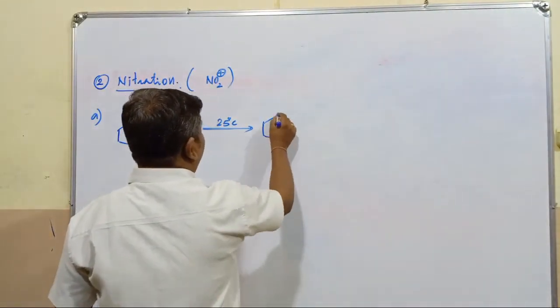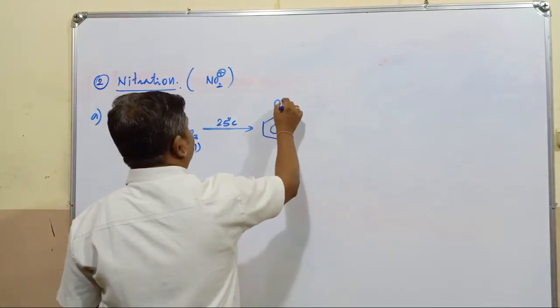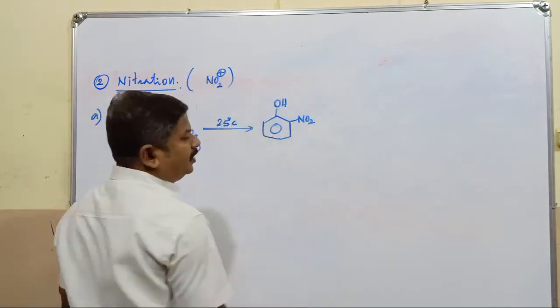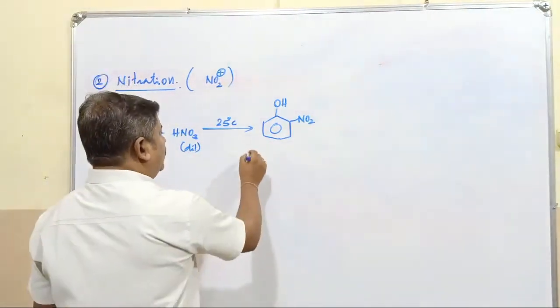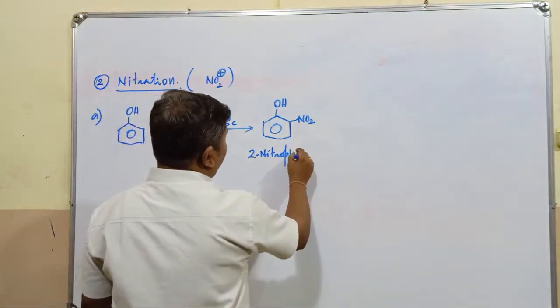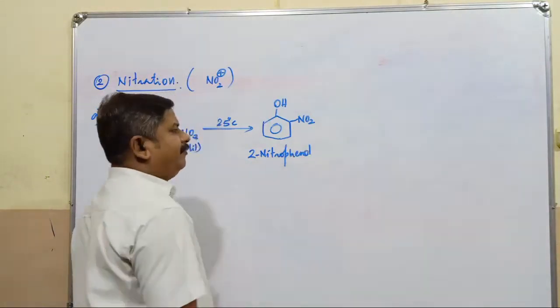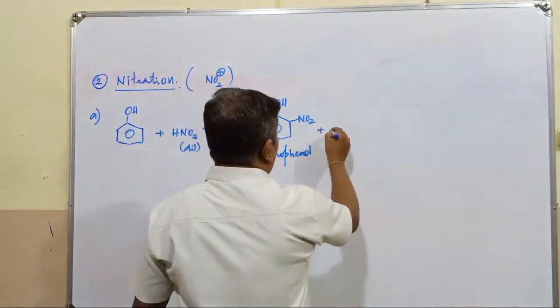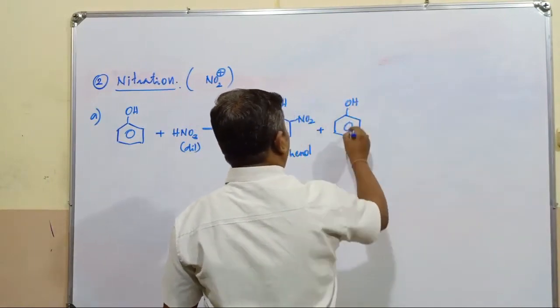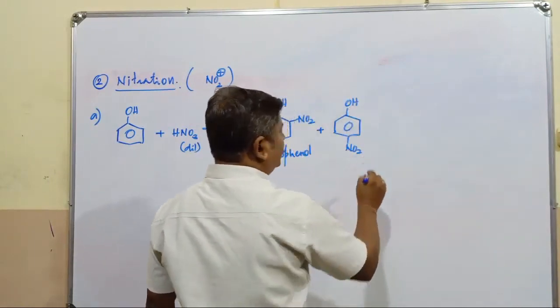You can write any type of reaction. This is OH. And here NO2+ attacks on which position? This is the ortho position. What's the name of this compound, students? It is 2-nitrophenol, plus one more isomer is possible. What is that? This is OH, and NO2 attacks on this position also.